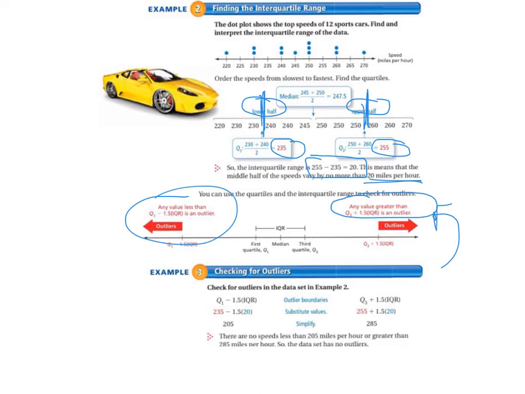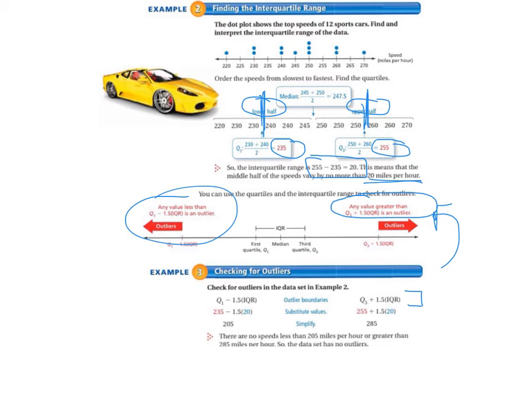So check for outliers in the data set in example 2. So the outlier boundaries are Q1 minus 1.5 times the interquartile range, and the upper boundary is Q3 plus 1.5 times the interquartile range.